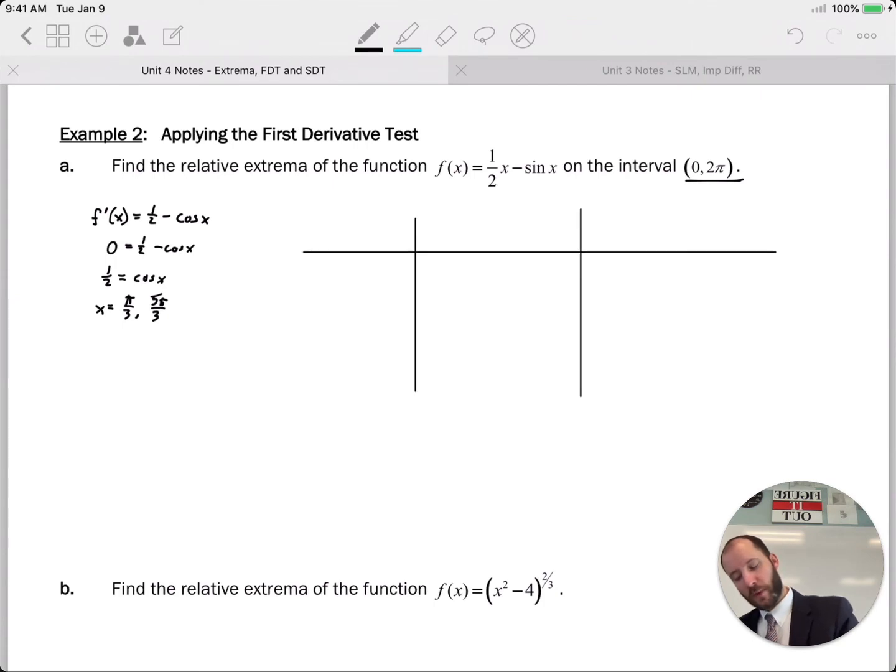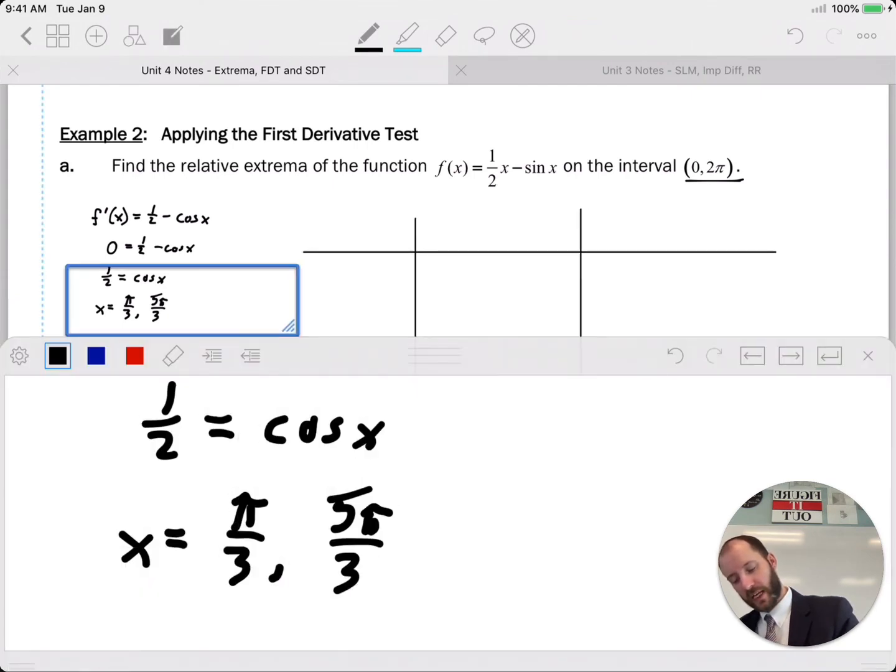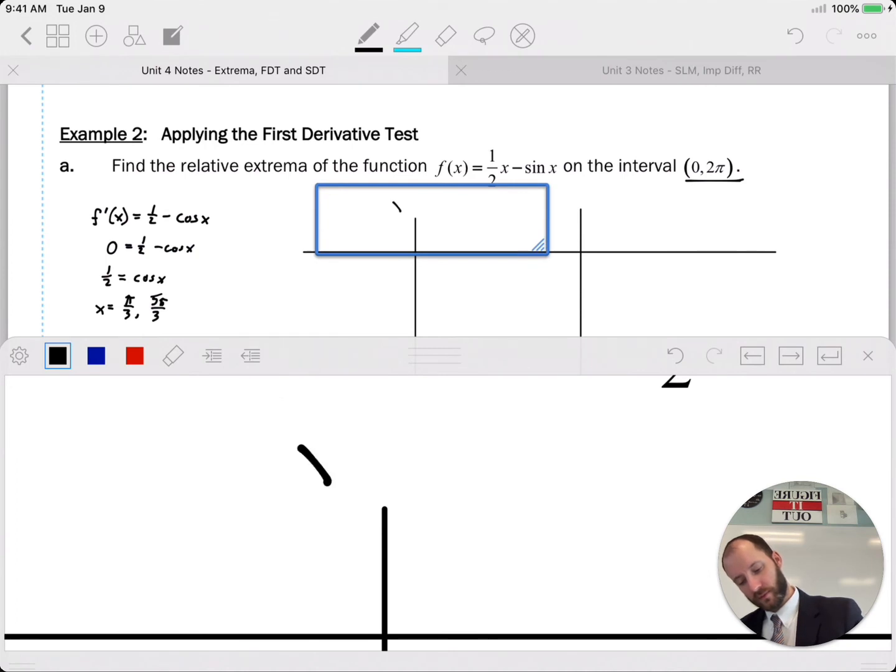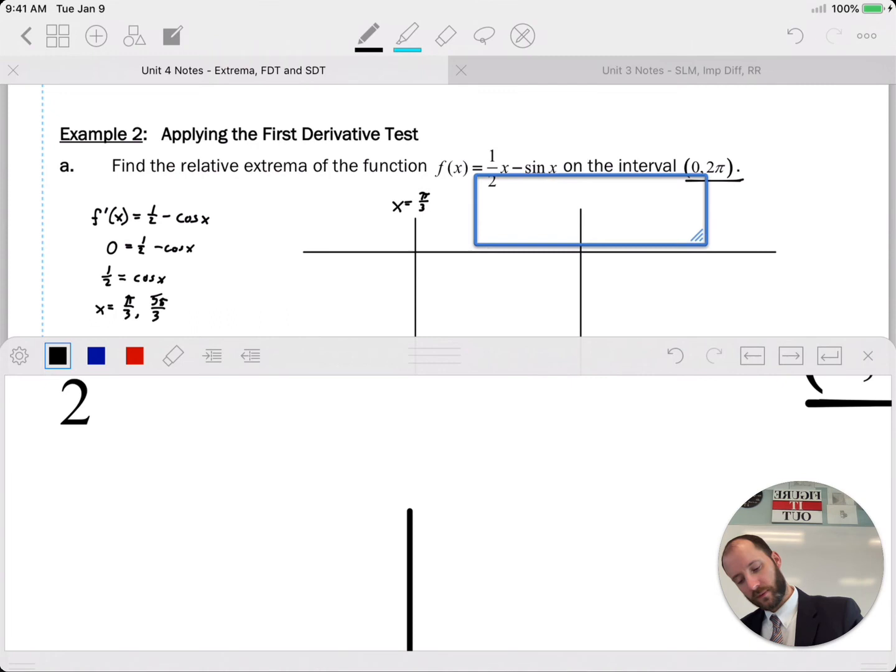So you have two boundaries, make a table. x is pi over 3 the first time. x is 5 pi over 3 the second time.